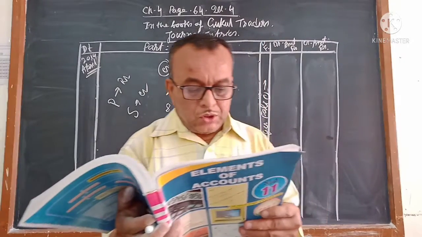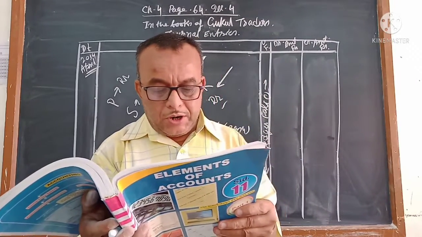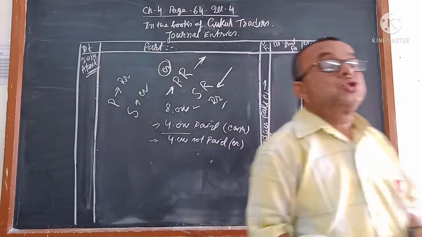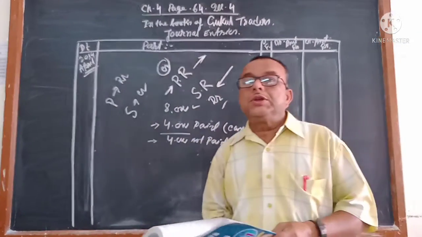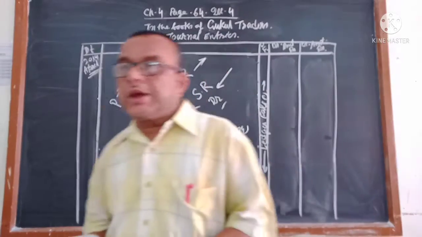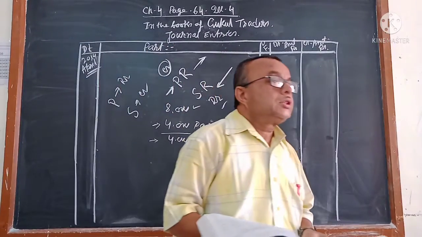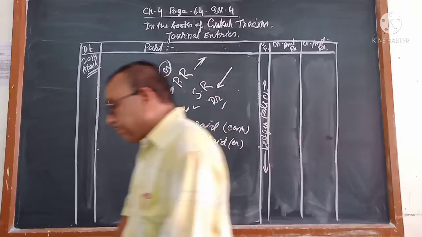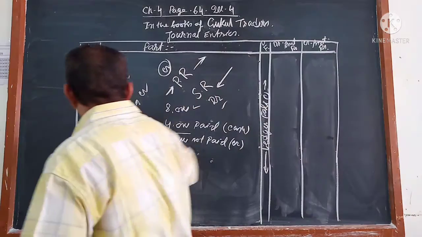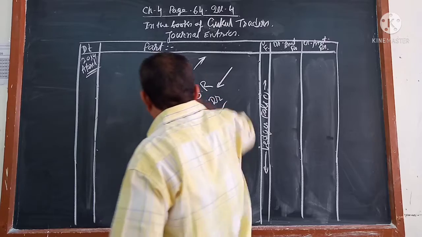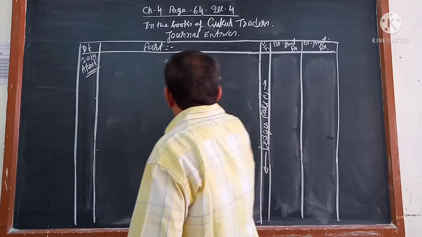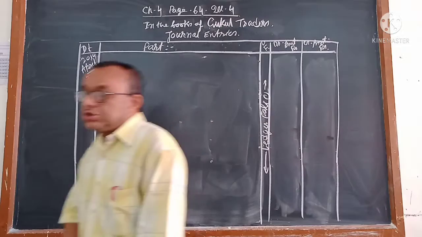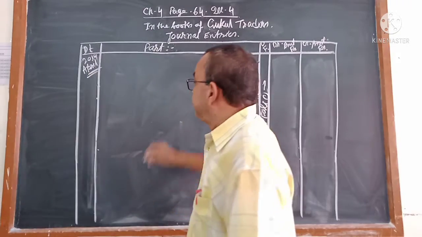Number 9. Goods of rupees 600 given for Prime Minister Relief Fund. You have given goods, not cash. If you are giving cash, then cash will be credit. If you are giving goods, then purchase account will be credit. Keep in mind, whenever you are buying the goods, that time purchase account debit.